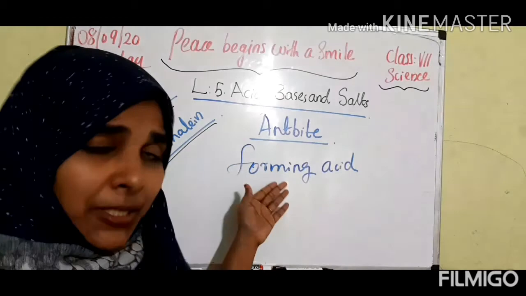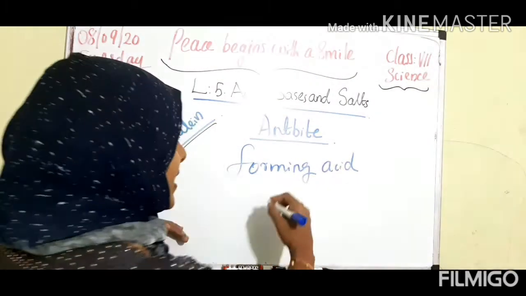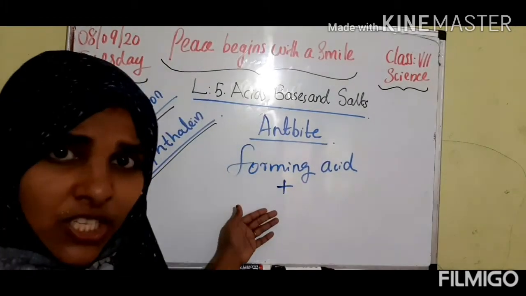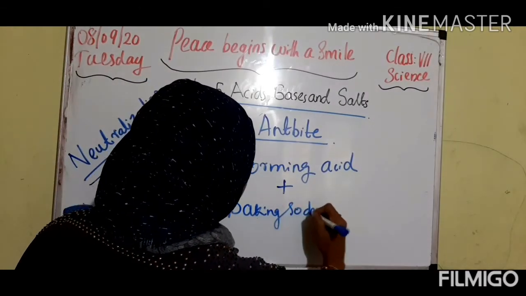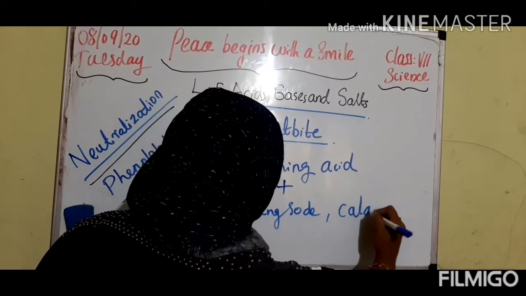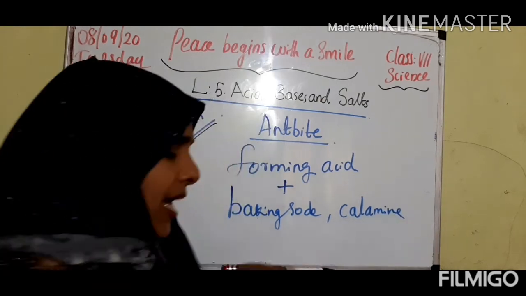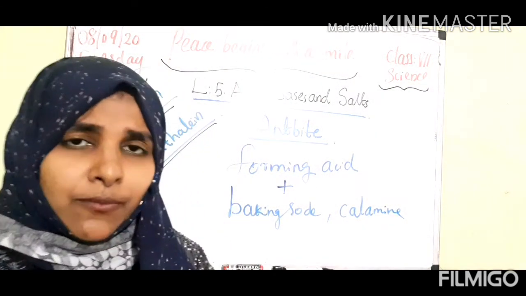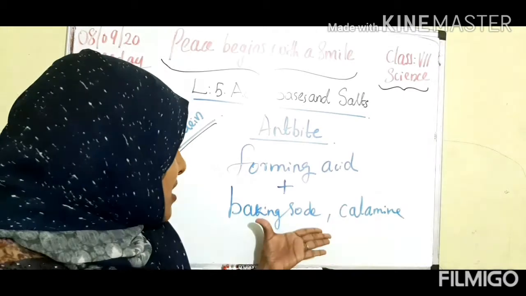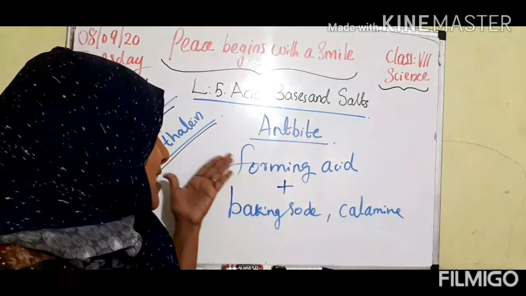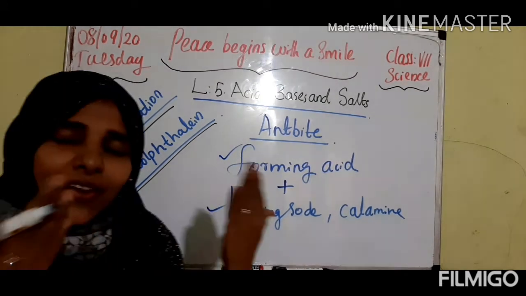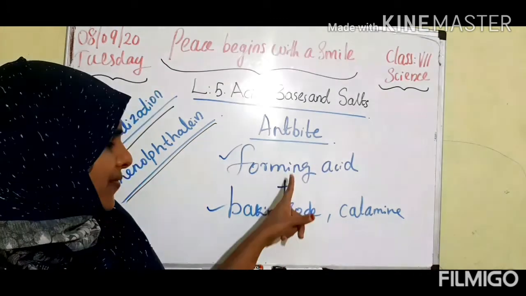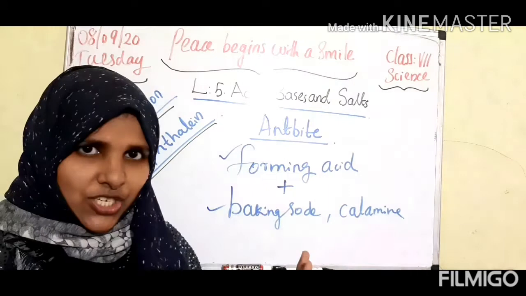For relief from that pain, we use moist baking soda, or we rub calamine lotion on the skin. This is acidic in nature, this is basic in nature, so that pain will be relieved, right? So this is also one of the neutralizations.